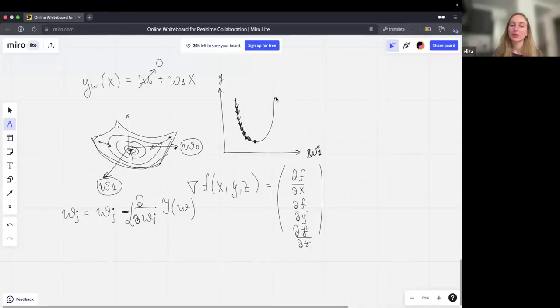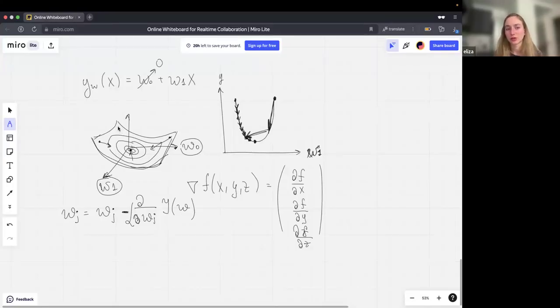But you can start from this point and make the size of your step bigger, for example, this and this. You're moving faster, but you can go out from the minimal point of your function.